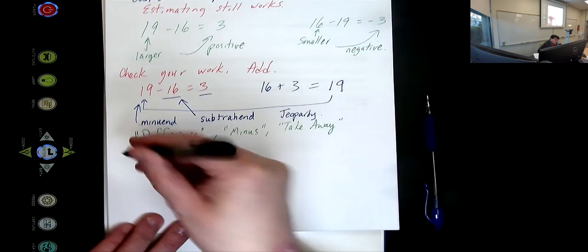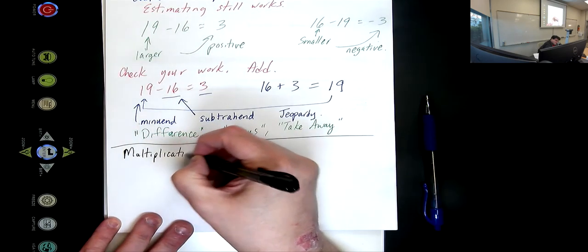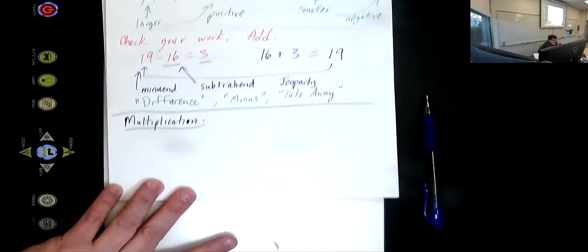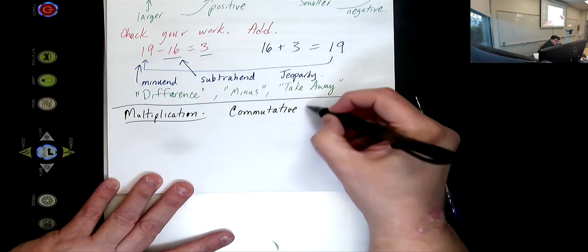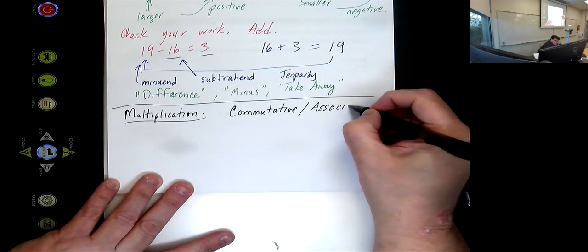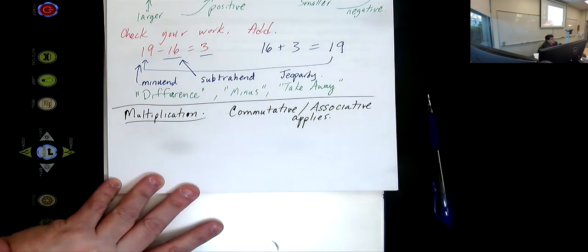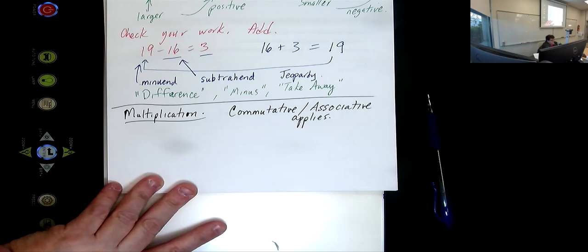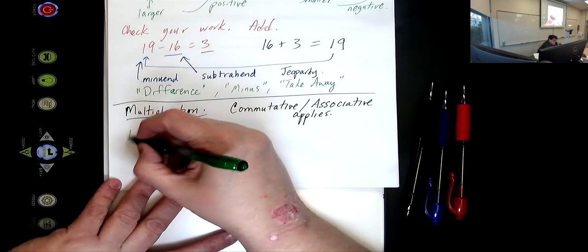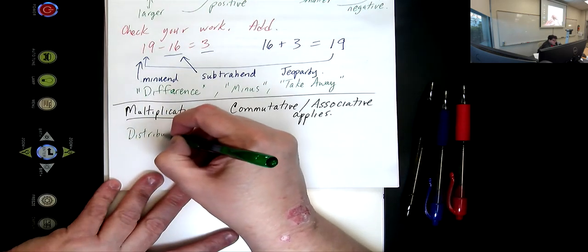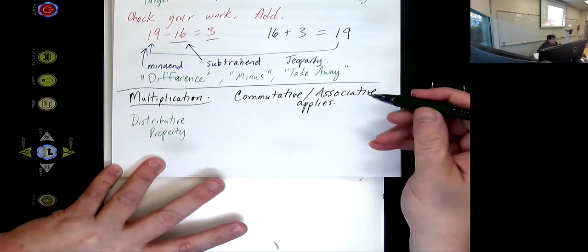Multiplication. It is commutative and associative, so swapping works. We also have a new property for multiplication, the distributive property, which we will use when we're doing factoring.